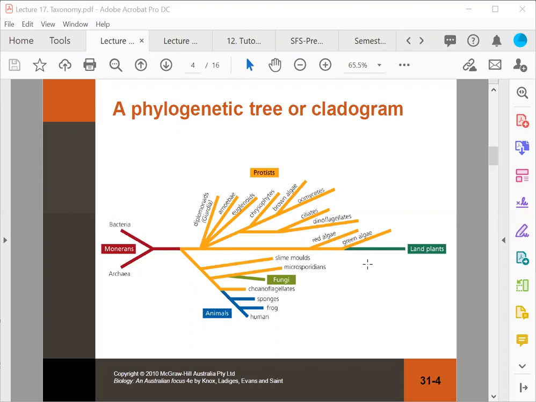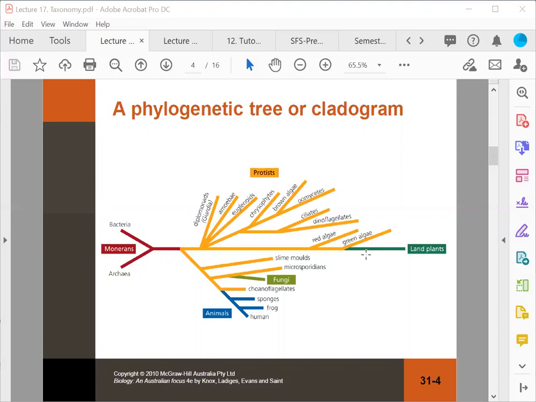It's said to be an unrooted tree. There's no base of the tree, or rather the base isn't shown, so we can't actually see the primitive ancestors of any of these groups of organisms, but we can see how closely related they are to each other.